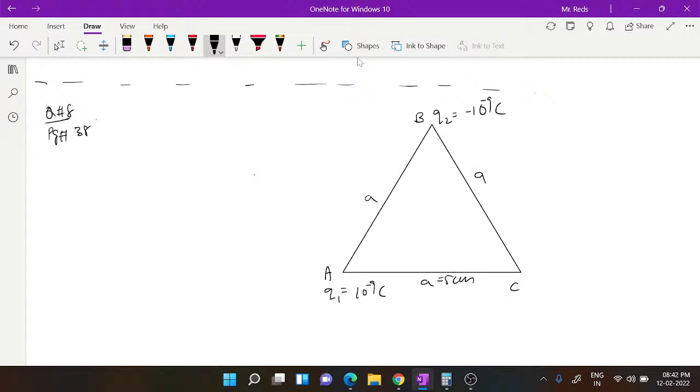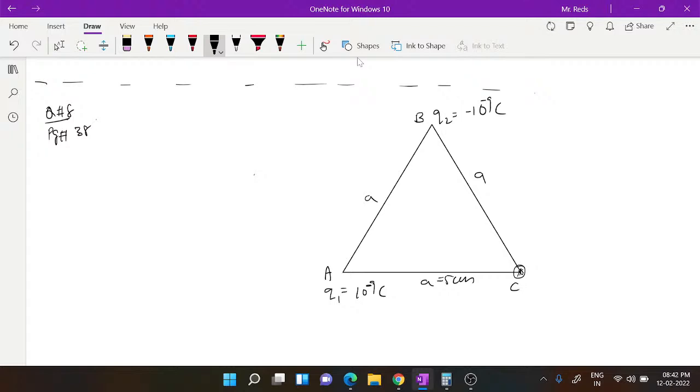So the question is the electric intensity at C. What is the electric field intensity here? Whenever you are asked to find the electric field at any point, you have to keep a unit positive test charge at that point.